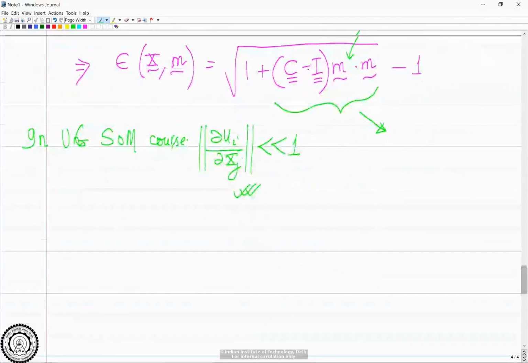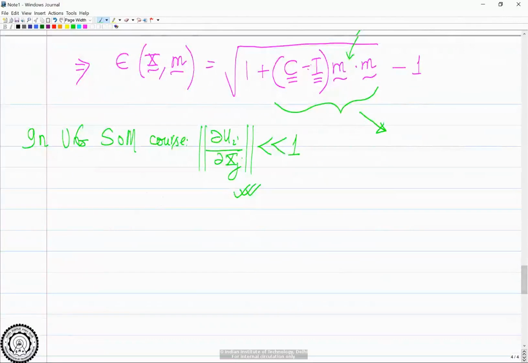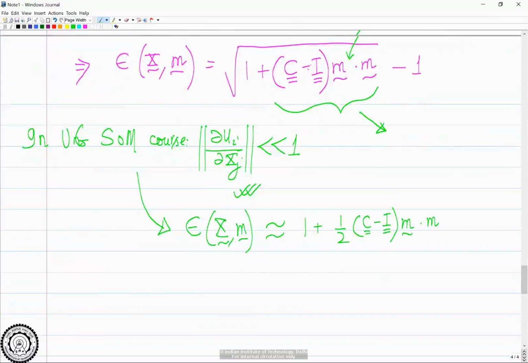In that case, epsilon of x comma m can be approximated as 1 plus half of C minus I, m dot m, minus 1, which is equal to half of C minus I, m dot m.